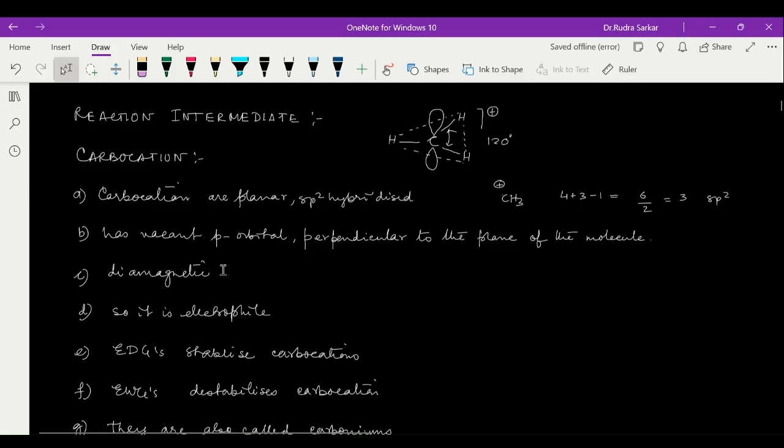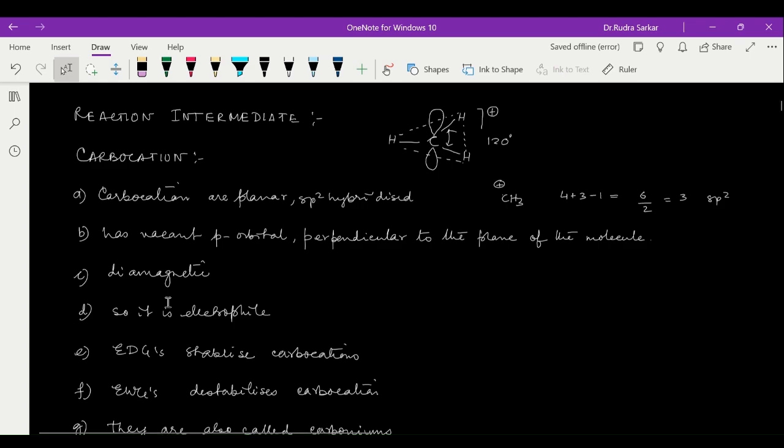It is diamagnetic in nature, that means it has 6 electrons. If it had an odd number, then it would have an unpaired electron. If it has an even number, then it has no unpaired electrons. Got this concept?